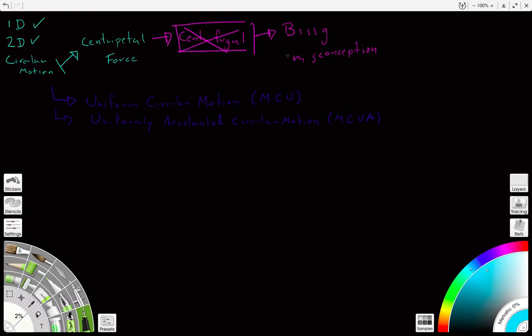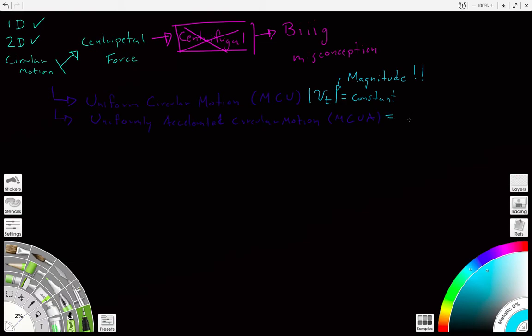They are both circular motions. The main difference is that here the magnitude of the tangential velocity, which we can call the tangential speed, remains constant. Keep in mind that I am talking about the magnitude. That is super important, because the velocity is actually changing, but the magnitude here is the thing that is going to remain constant.